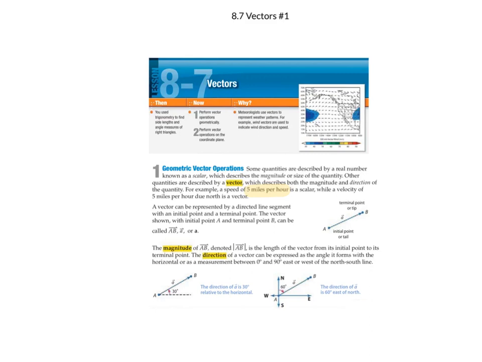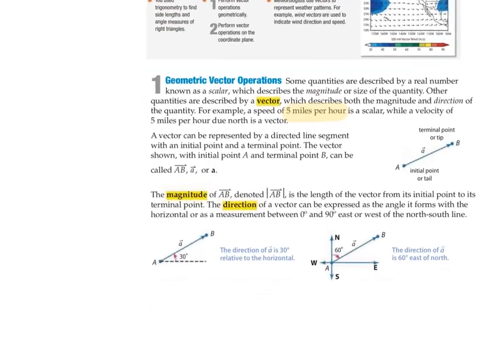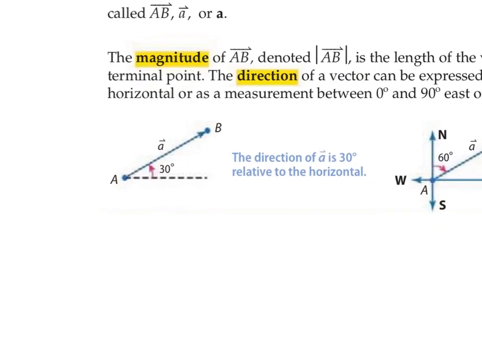Now let's talk about what direction is. Direction's a little bit easier because it's more straightforward. Direction is going to be measured in degrees. We have 2 pictures here at the bottom of the screen that both talk about direction. This first picture on the left is saying the direction of, and then that little symbol is a vector.